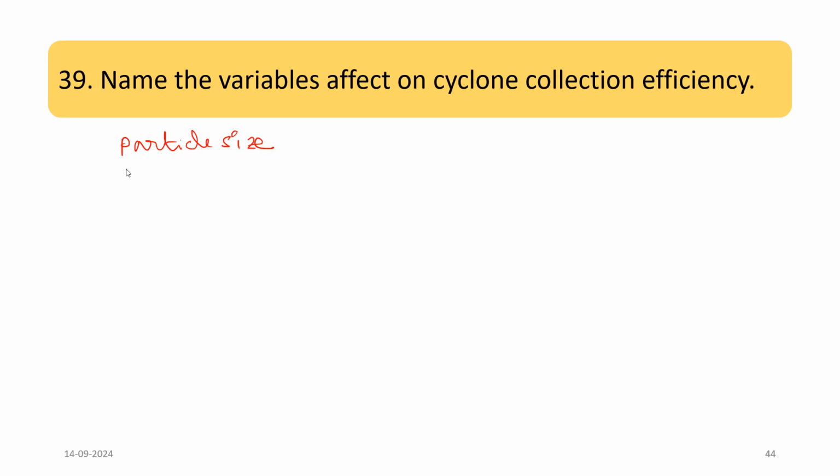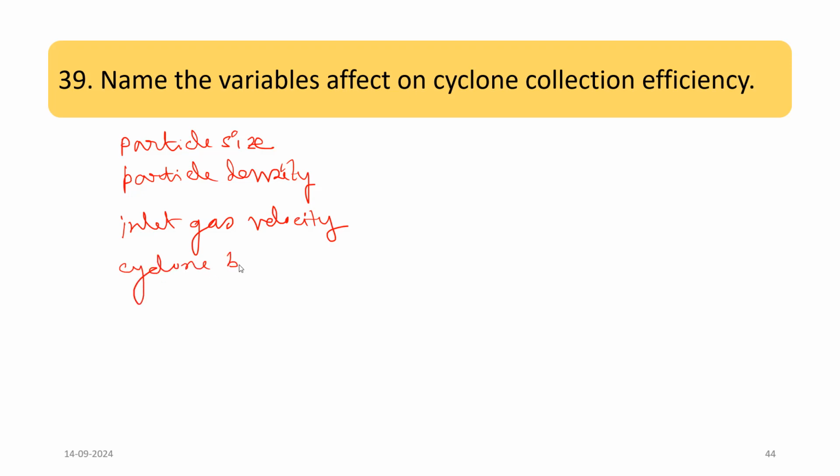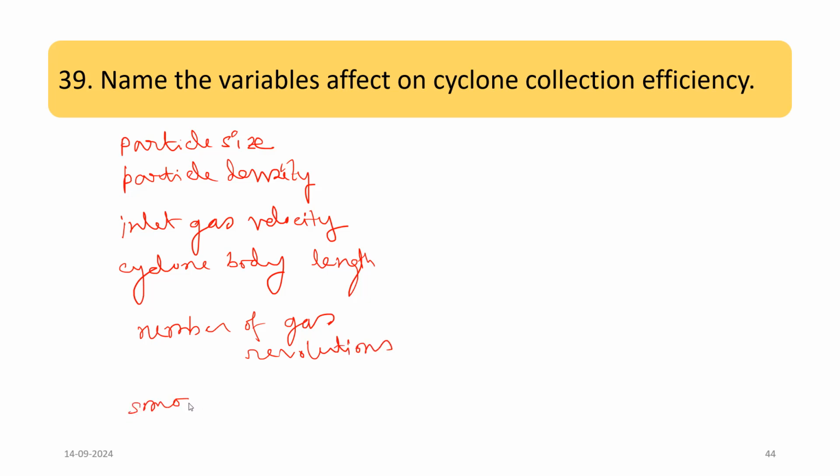Second is the particle density. Third is the inlet gas velocity. Then cyclone body length, number of gas revolutions, and the last one is the smoothness of the cyclone wall.